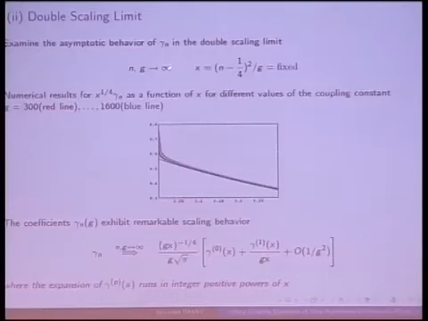That is the solution we want to constrain. And we look at the asymptotic behavior in this double scaling limit for n large and g large, and this ratio fixed. From the numerics, we learn that this object has a remarkable behavior in this limit. It admits an expansion in integer positive powers of x, and knows about all the coefficients I have introduced before.